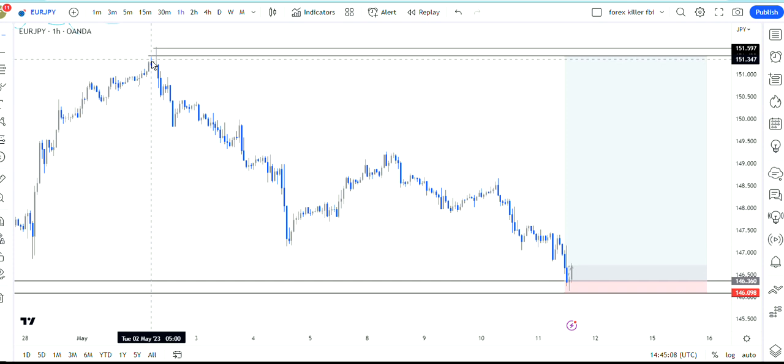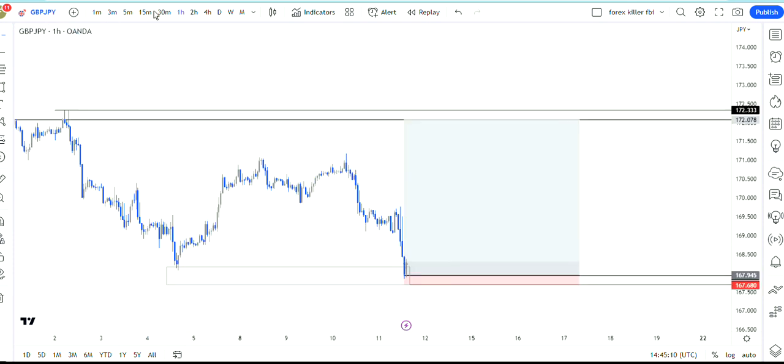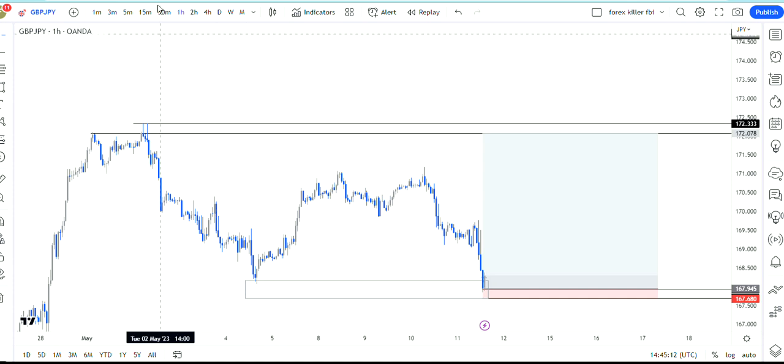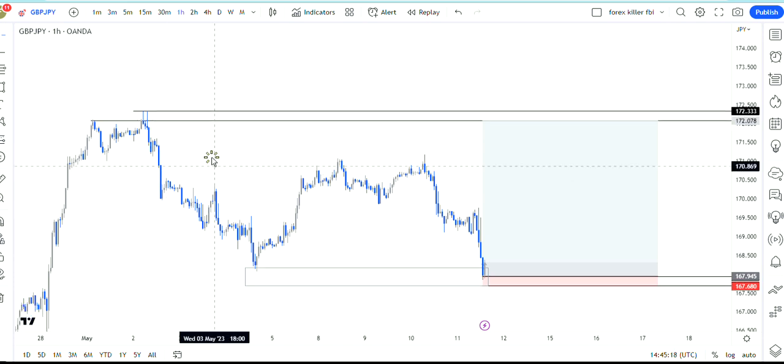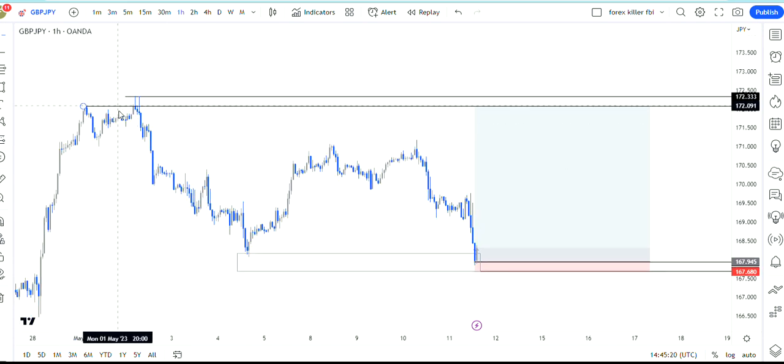All right, and if you come to pound yen, GBP/JPY, we will be buying also until this point here, because here we also have liquidity engineering. The price engineered it here, and this is what we call liquidity engineering above here.